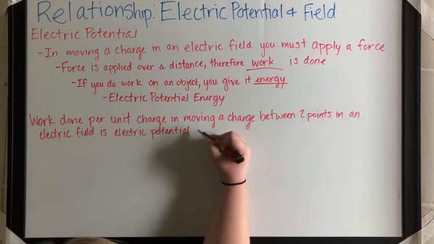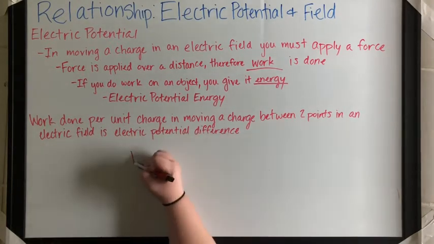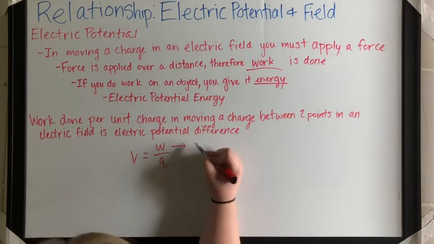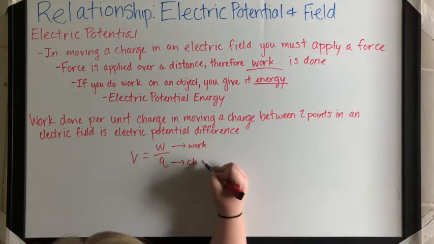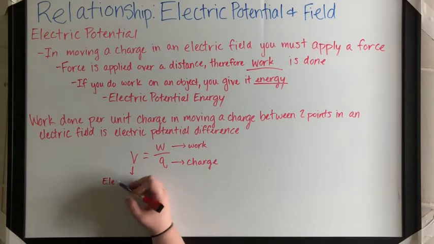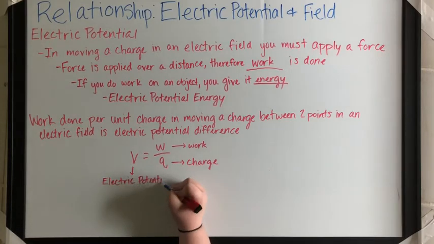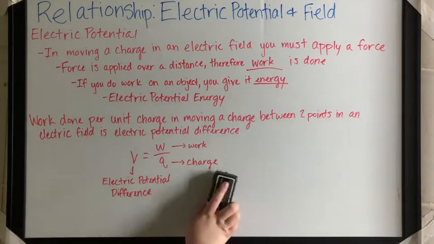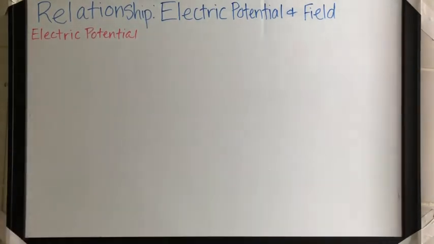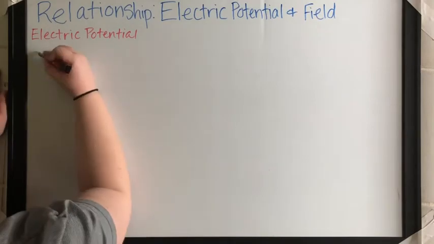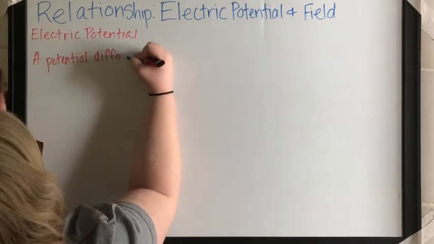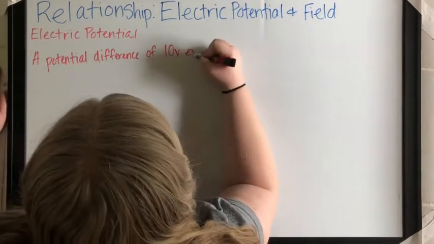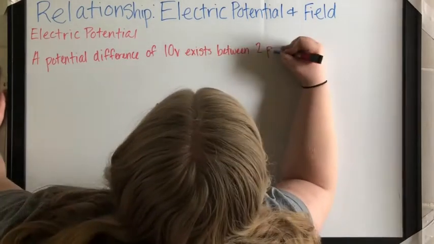So an equation showing the relationship between electric potential and work is V equals W over Q. V is the electric potential difference, W is the work, and Q is the charge. Now I'll be doing an example problem to demonstrate the relationship between electric potential and work using the equation V equals W over Q.